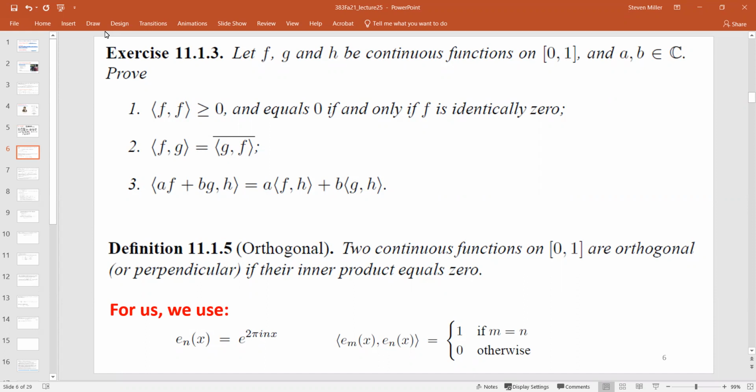And so here, we basically take x living in the interval 0, 1, or minus 1/2, 1/2. As long as we take an interval of length 1, it doesn't really matter. And then we have e_n(x), their dot product is equal to 1 if m equals n and 0 otherwise. Where have we seen this result before?